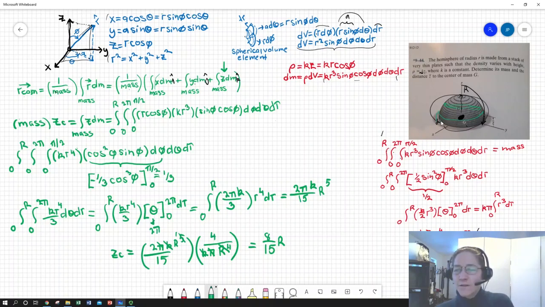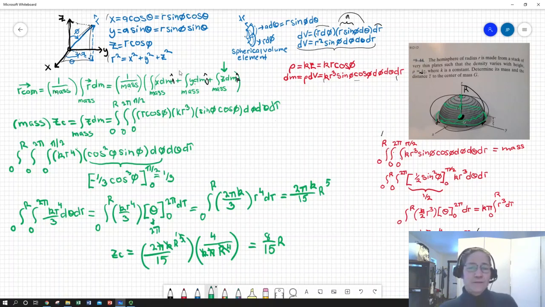So much more of the volume of that hemisphere is distributed near the bottom, but because the density is scaling upwards relative to our z direction, so proportional to cosine phi and r, that's offsetting and raising the center of mass versus the centroid.